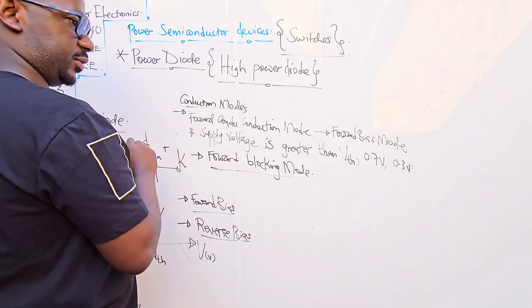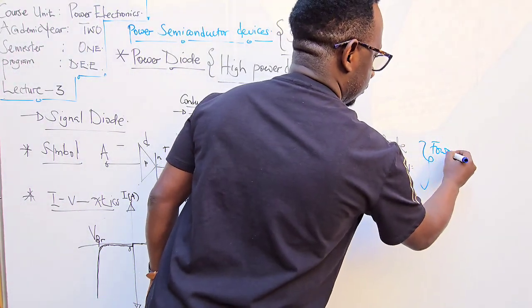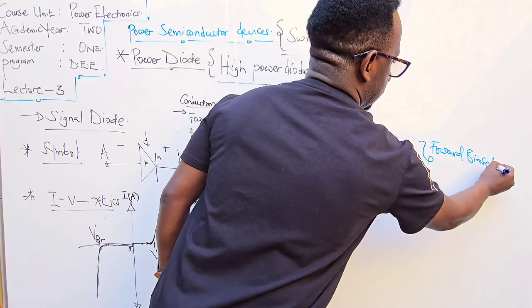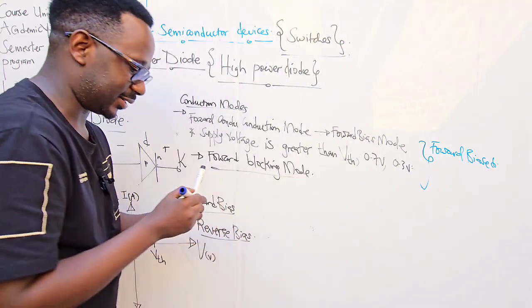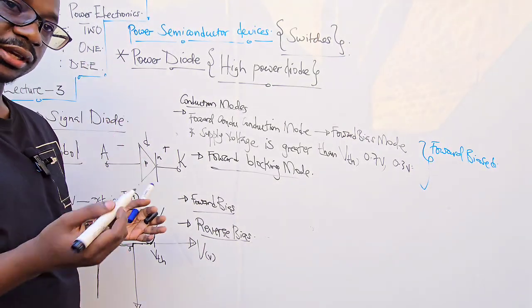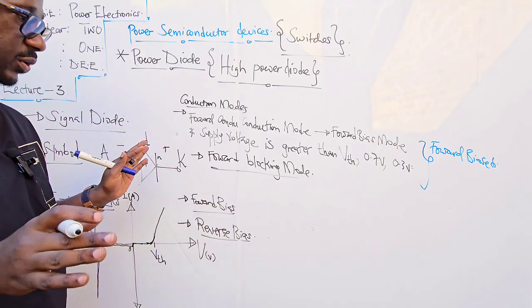All right, where should I denote it? Let me denote it around here. So here the diode is forward biased, but we could have conduction and we could have blocking. We could have the diode not conducting.